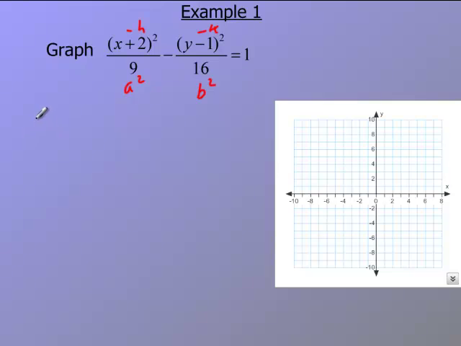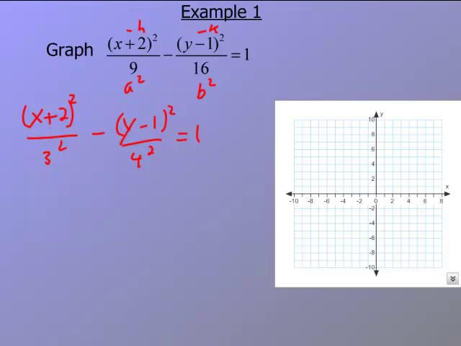So I could rewrite this as (x plus 2) squared over 3 squared minus (y minus 1) squared over 4 squared. This way I can see what the a and b values are going to be.